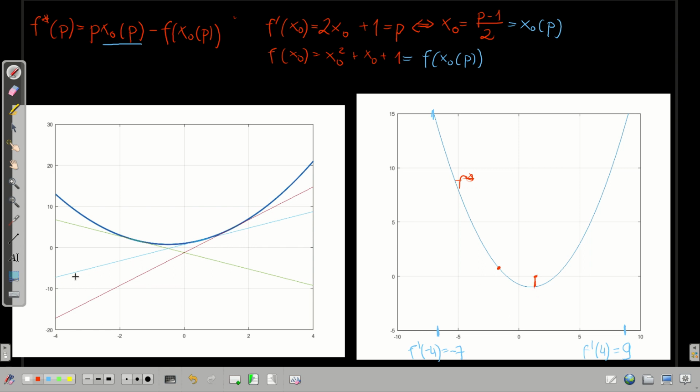And the tangent line here corresponding to a slope of 2 has a positive y-intercept, and therefore here the Legendre transform f star takes on a negative value. And here might be the value 4. And now have a look at the tangent having a slope of 4. It has again a negative y-intercept, and therefore f star takes on a positive value.